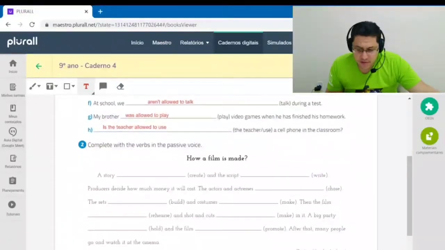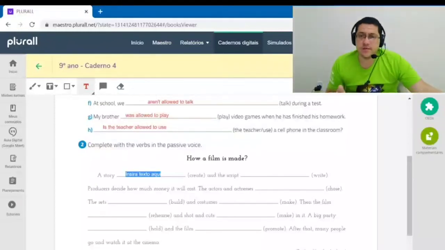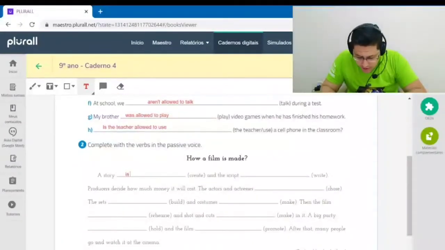How a film is made. Complete with the verbs in the passive voice. Então, voz passiva para os verbos aqui. Então, se é voz passiva, antes do verbo no particípio tem o verbo to be. A story is created and the script is written.